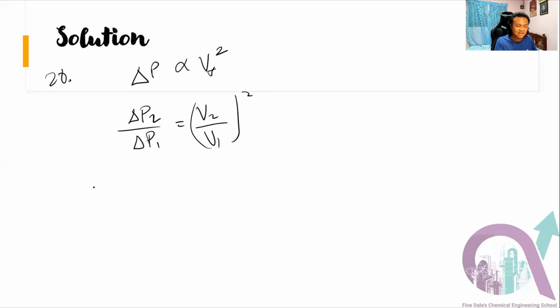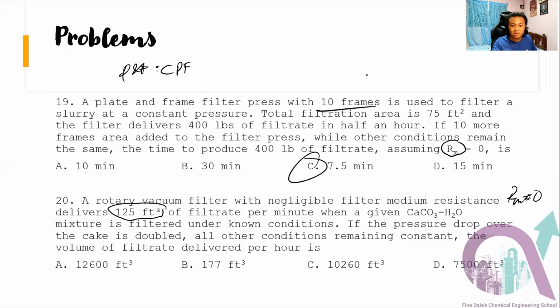So this is really easy. You have to find V2. The pressure drop is doubled, so 2P1. And your volume V1 is equal to 125 cubic feet per minute.